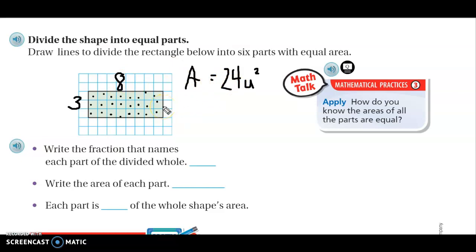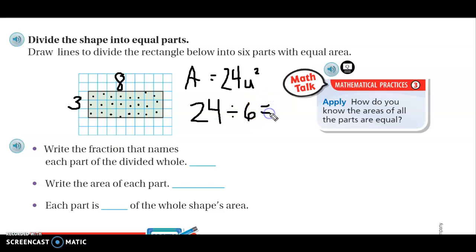So now, what do I do? I know that the area is 24, and I want to divide that into 6 equal parts. I'm going to take 24 and divide it into 6 equal parts.